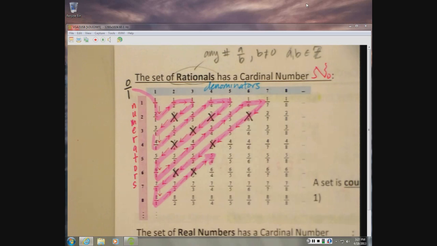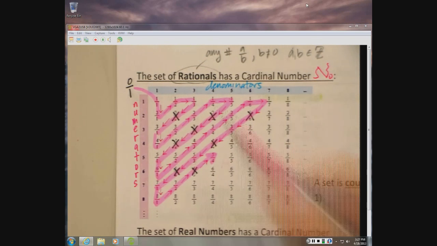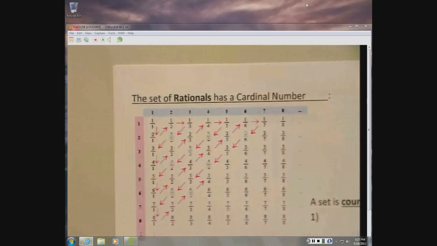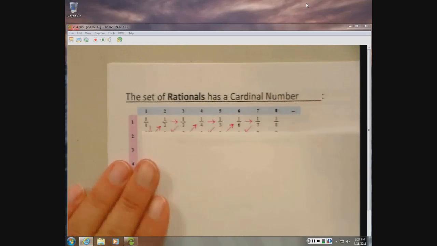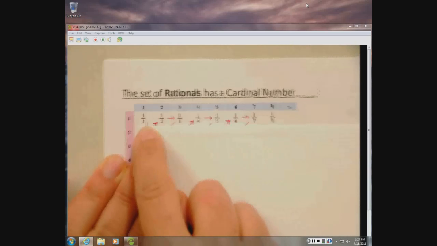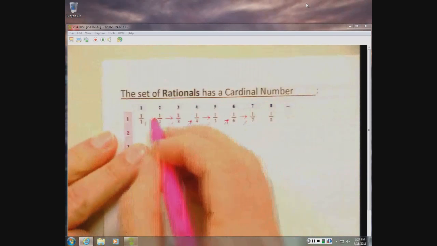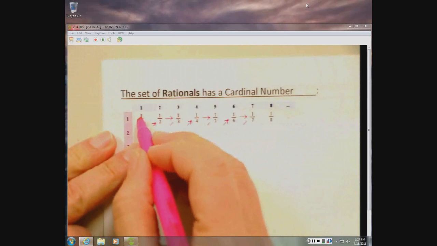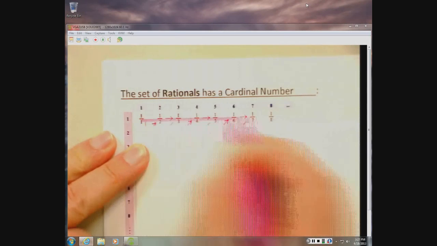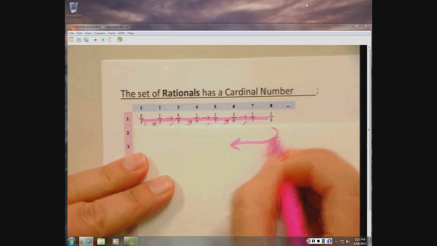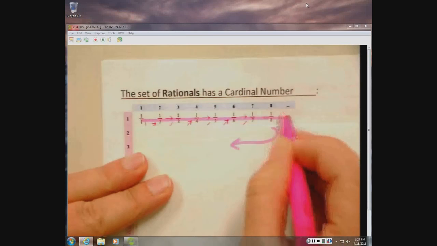And I want to just briefly talk about why we have to zigzag as opposed to just going through the list horizontally and looping back. So you don't have to write this part down, but let's suppose that we wanted to approach it from a different perspective. Maybe I want to just start with all of the ones that have a numerator of 1. If I go in this direction and I want to just systematically do every single fraction that has 1 as a numerator and hopefully loop back around, I'll never be able to loop back around because I'll never hit the end of it.